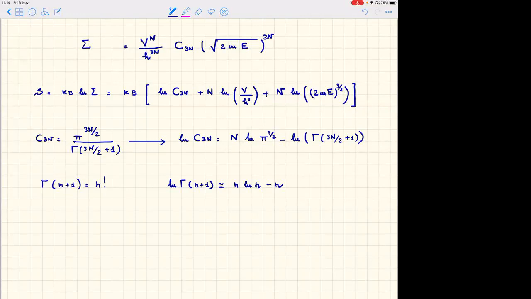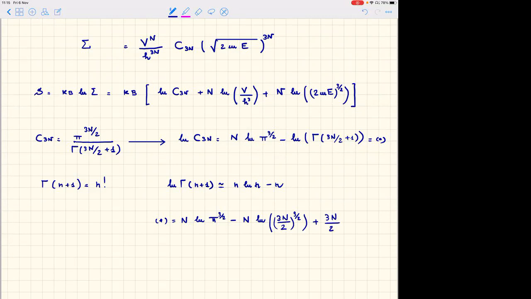And now you see that if I use this for what I wrote here, what I obtain is that star is equal to n times the log of pi to the power 3/2 minus n log of 3n over 2 to the power 3/2 plus 3n over 2, right?